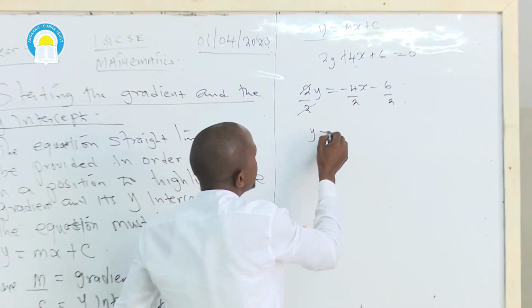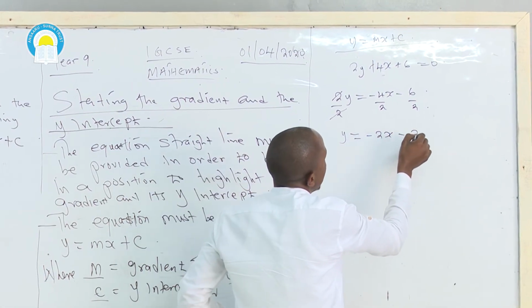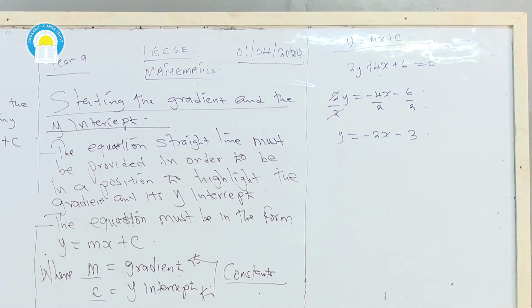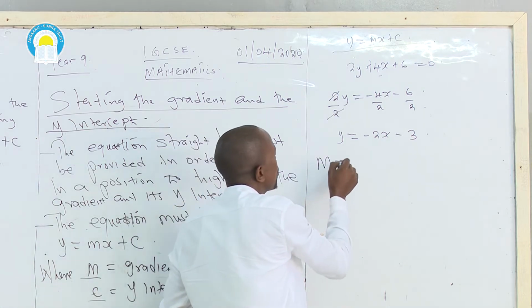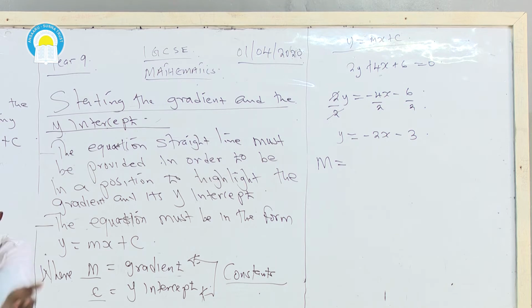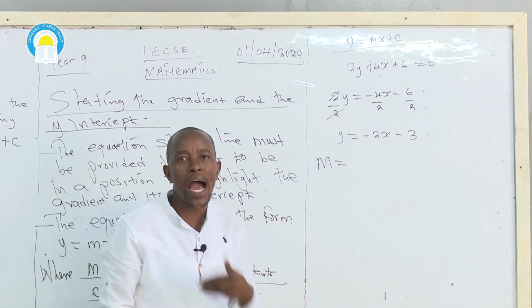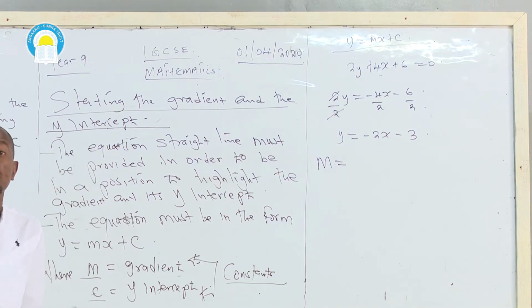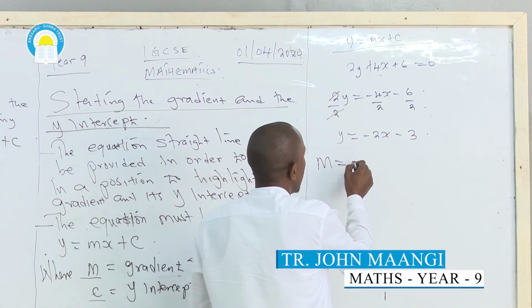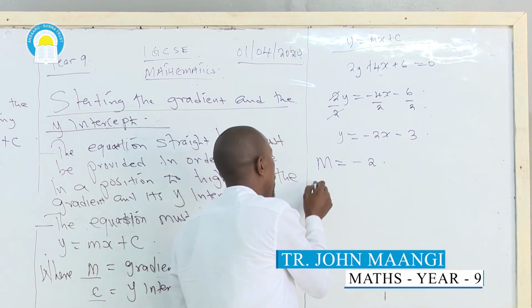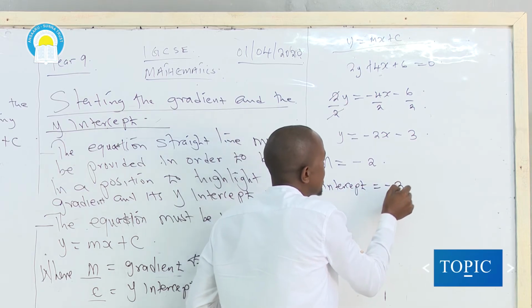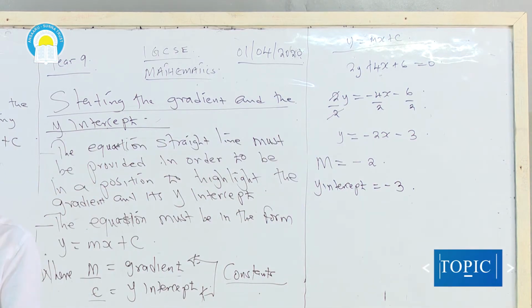We'll have y is equal to minus 2x minus 3. Now, you realize the equation is in the form of y is equals to mx plus c. Now, you can state the gradient; stating is to give or to highlight the gradient. The gradient there is the coefficient of x, which here is minus 2. And our y-intercept is negative 3.